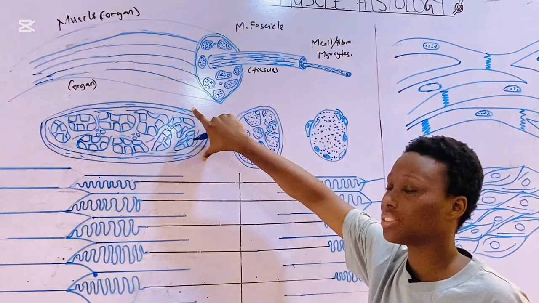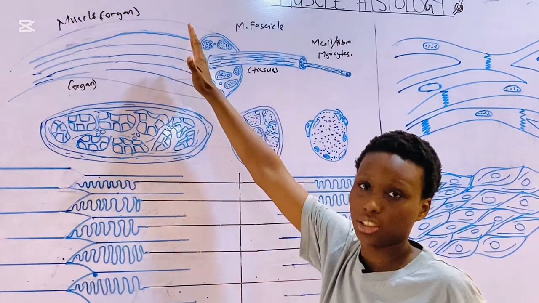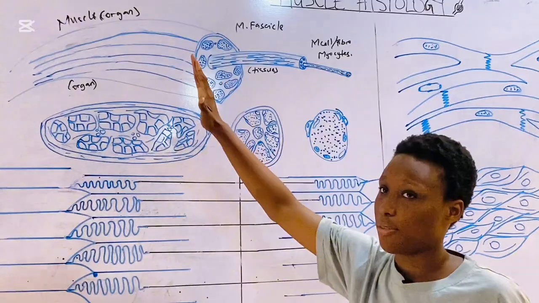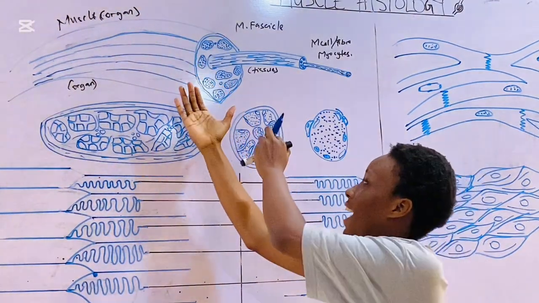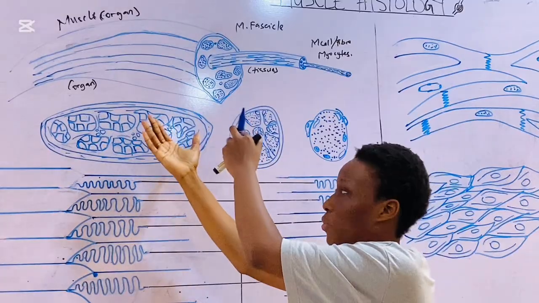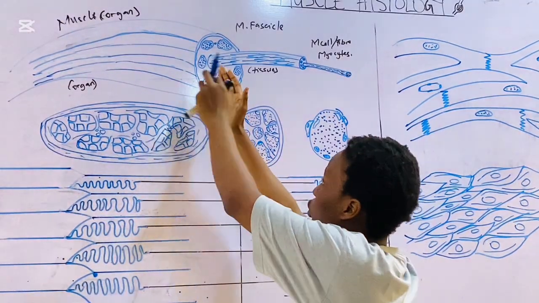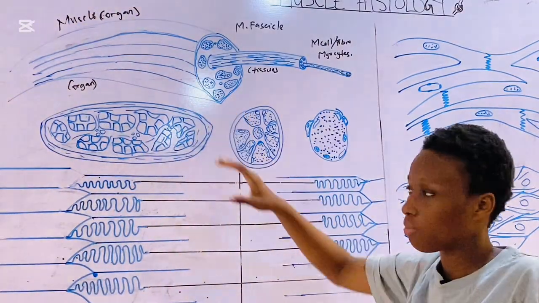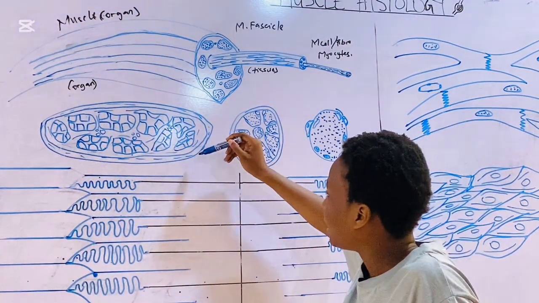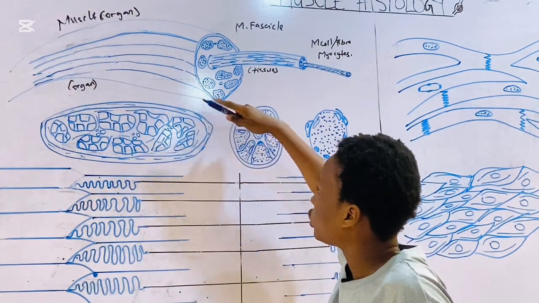This is a transverse section. If I take a knife and cut this muscle, and I turn it towards you, if only we could flip it, if only this thing wasn't 2D, and I take a slice of it, this is what it is going to show us. Let's say this is the muscle itself. Now there's something surrounding it.